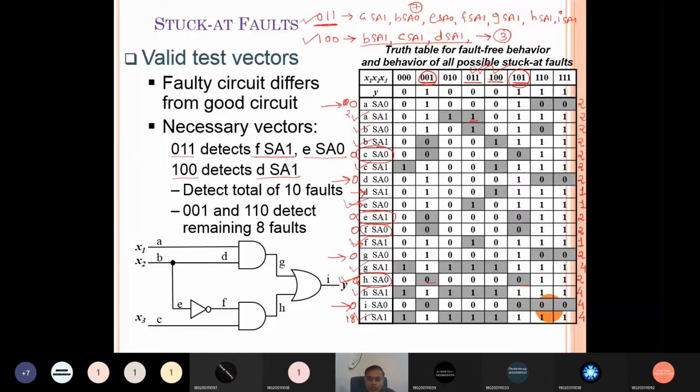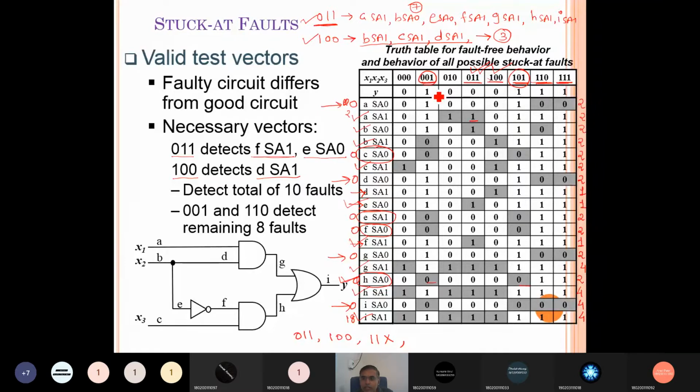So the number of test patterns required to detect all 18 faults: first is 011, which is essential; another is 100, which is also essential. Out of these two, for the detection we can use either 100 or 111, so I can write it as 11x, right?